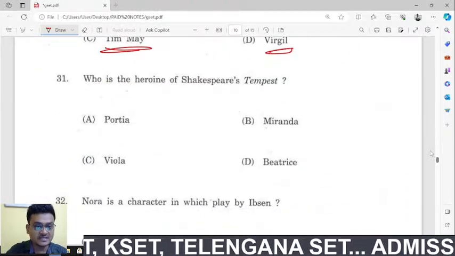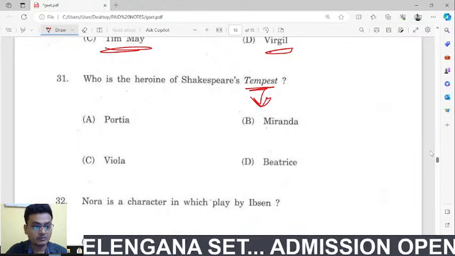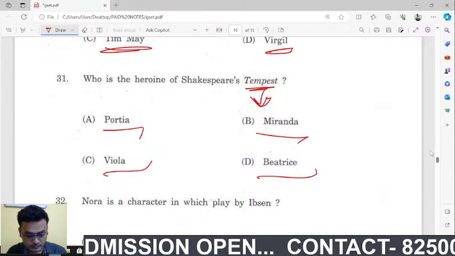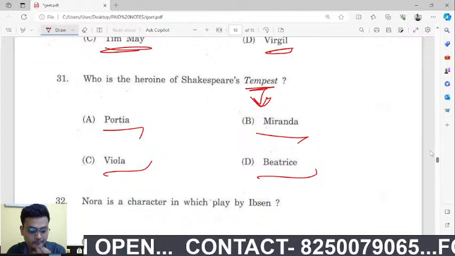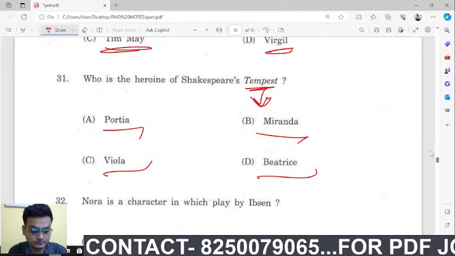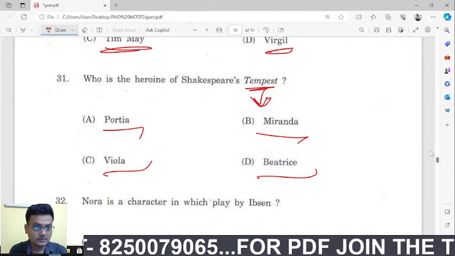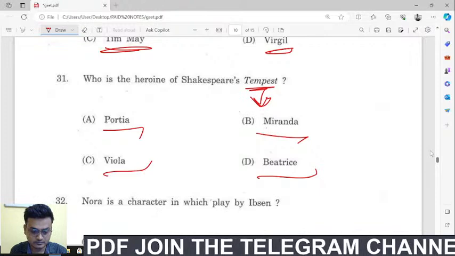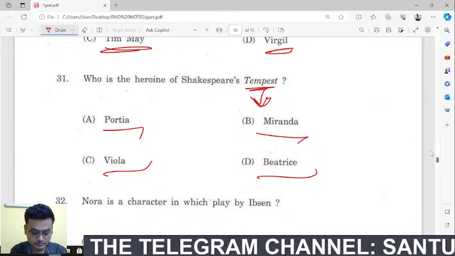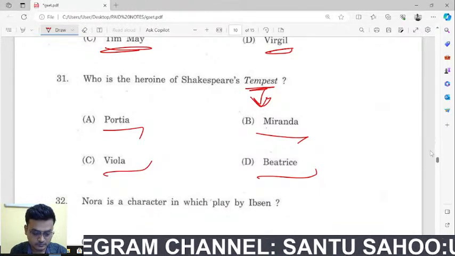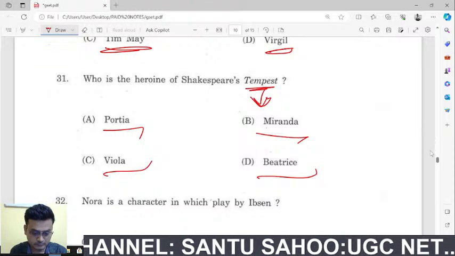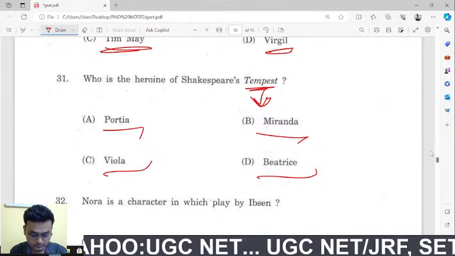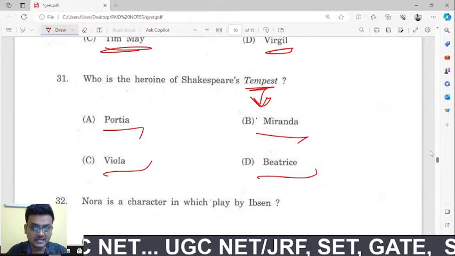Who is the heroine of Shakespeare's Tempest? Portia, Viola, Miranda, Beatrix. The heroine of Shakespeare's Tempest. Miranda, exactly.